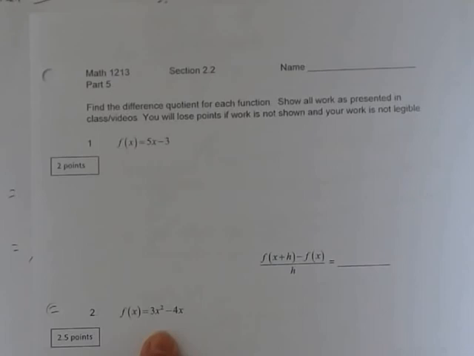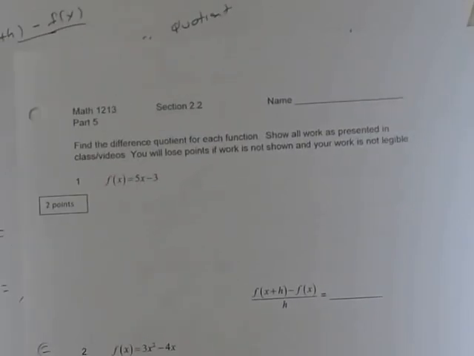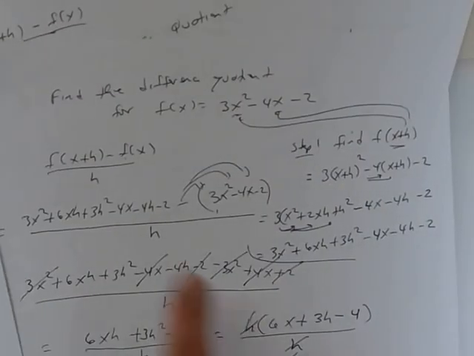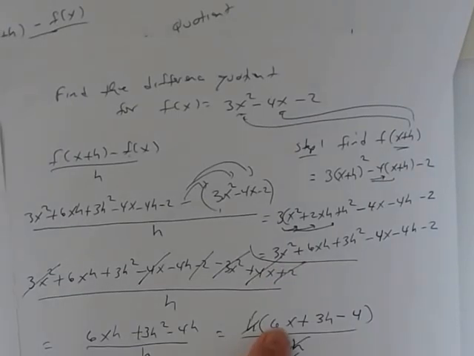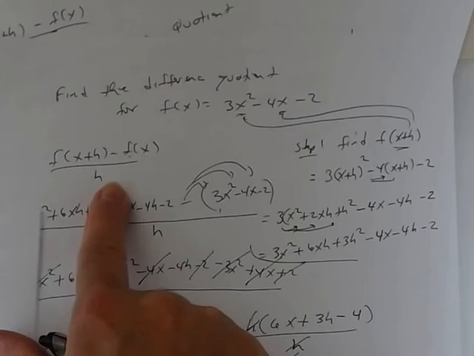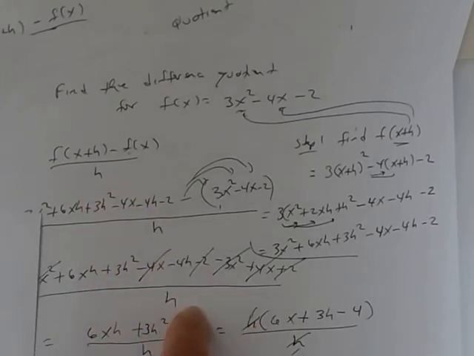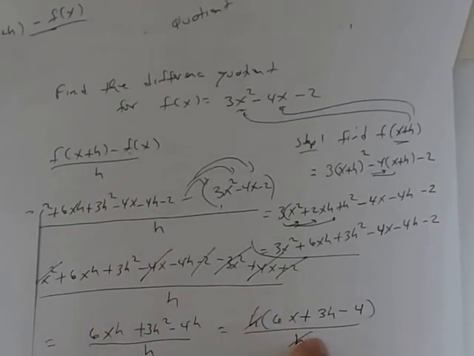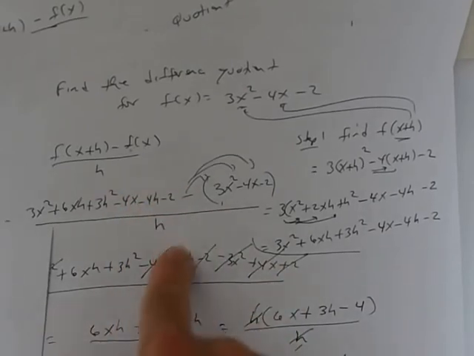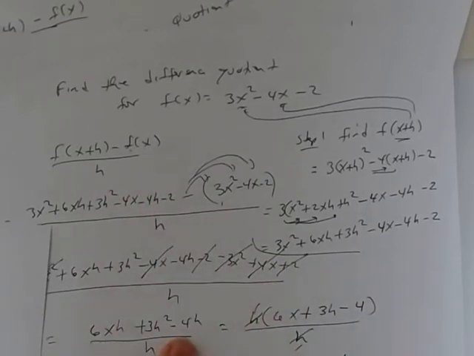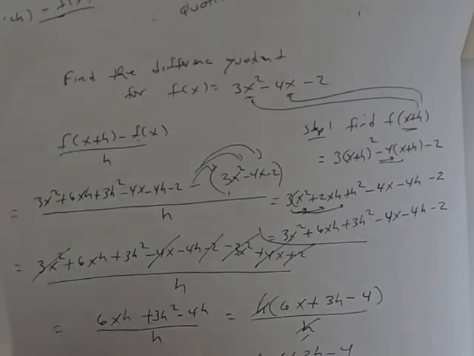Now guys, make sure you show the work. Because if you skip steps and definitely if you don't put h's in the denominator and all of a sudden you have an h, you're not going to get full credit. Show the work as we did it. Get your points.